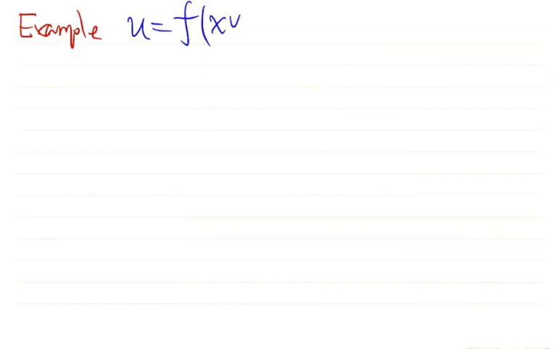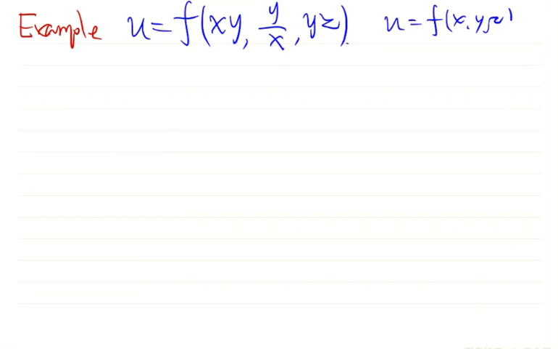So we consider this function. The first example: u is f of xy, y over x, and yz. This is a function of x, y, z. But this is not the same as u equals f of x, y, z. Not this. What does this mean?